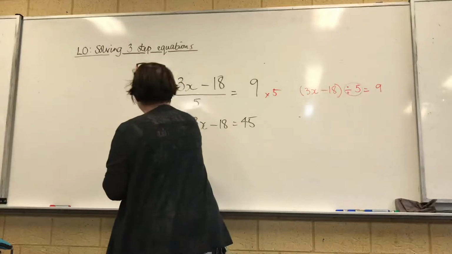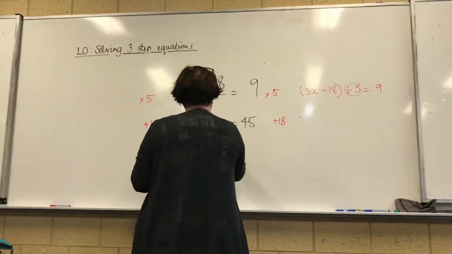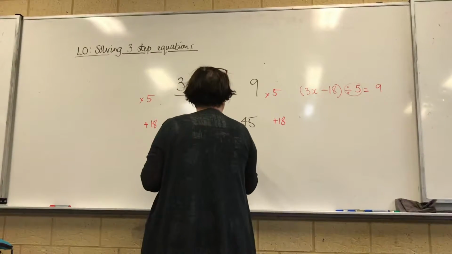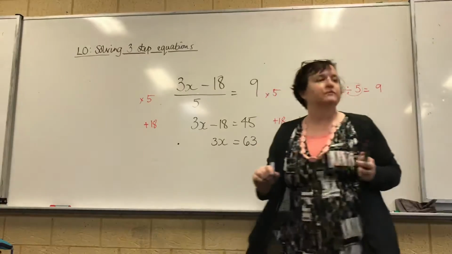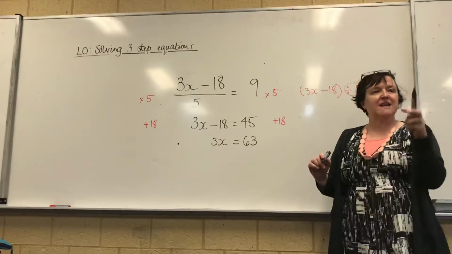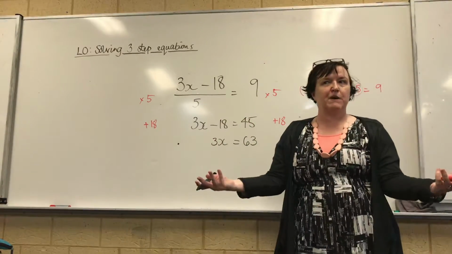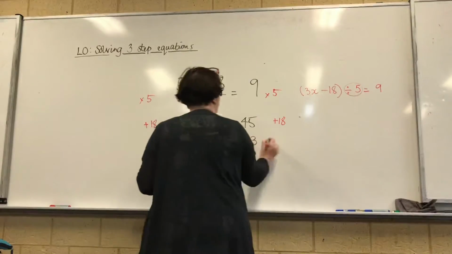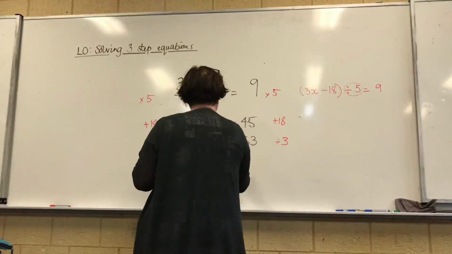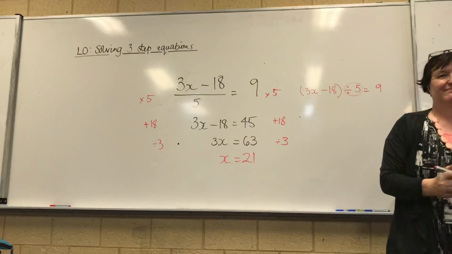Add 18. So 3x is going to equal 63. So 3 times x is 63. What's the inverse of times by 3? Divide by 3. So x is going to equal 21.